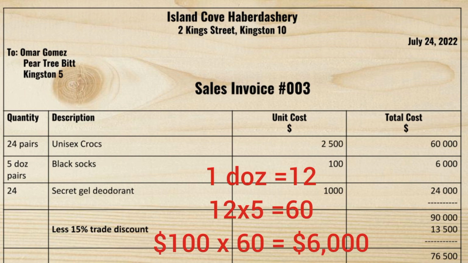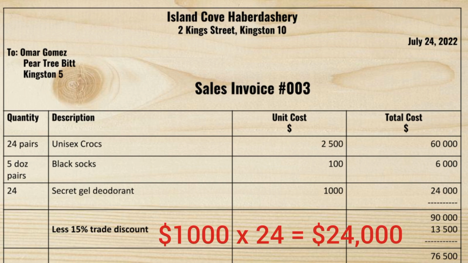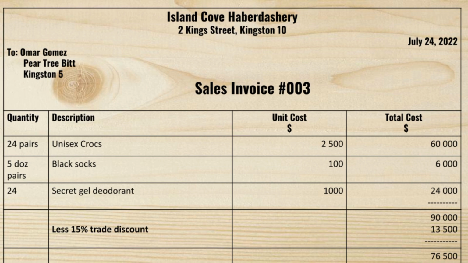Total cost, $6,000. Third item, quantity 24. Description, Secret Gel deodorant. Unit cost $1,000. Total cost $24,000. When we add the total column, $60,000, plus $6,000, plus $24,000, gives us $90,000.